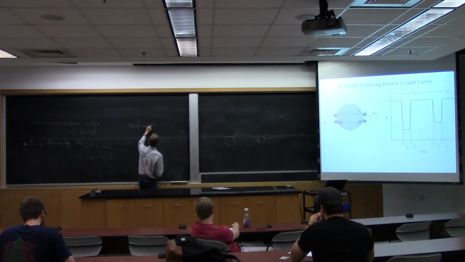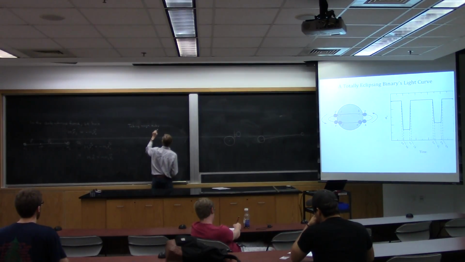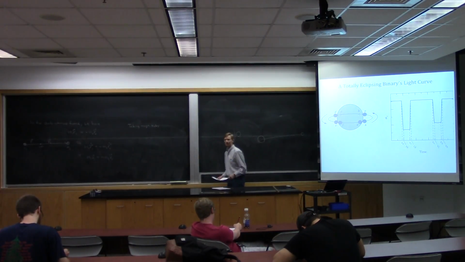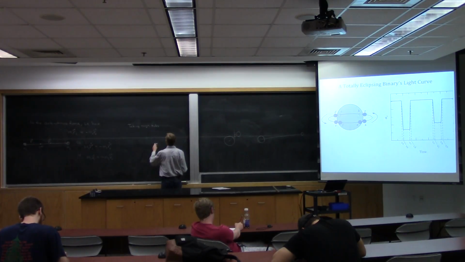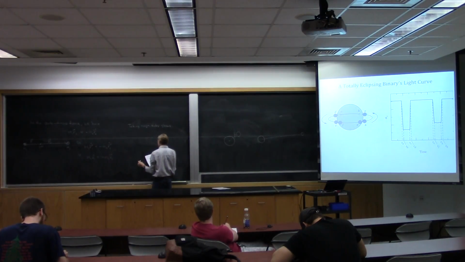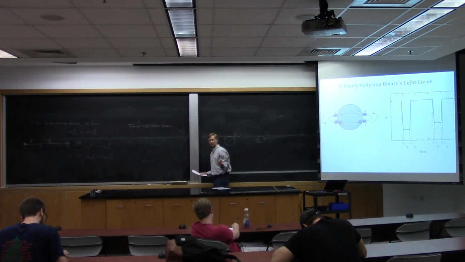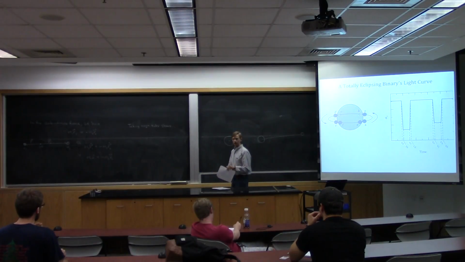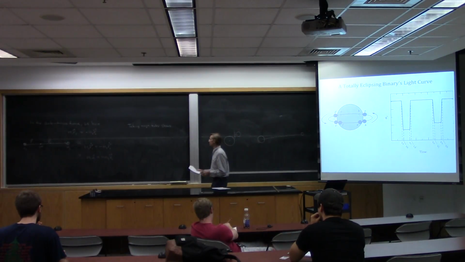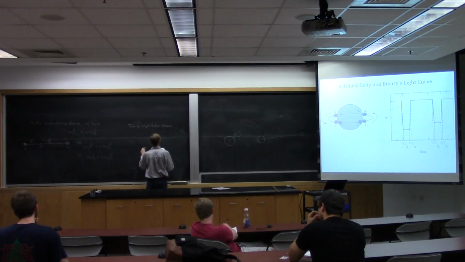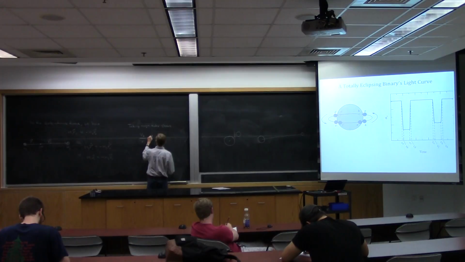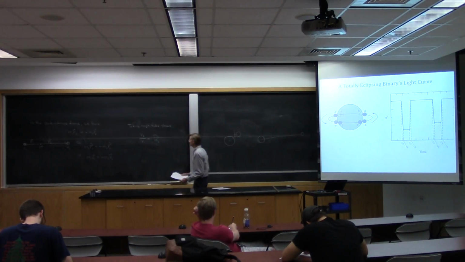And if we take magnitudes, not magnitudes as in brightness, but magnitudes as in magnitude of the vectors, then this tells us that just like the distance ratio is the reciprocal of the mass ratio, so too the velocity ratio is the reciprocal of the mass ratio. So V2 over V1 is M1 over M2.